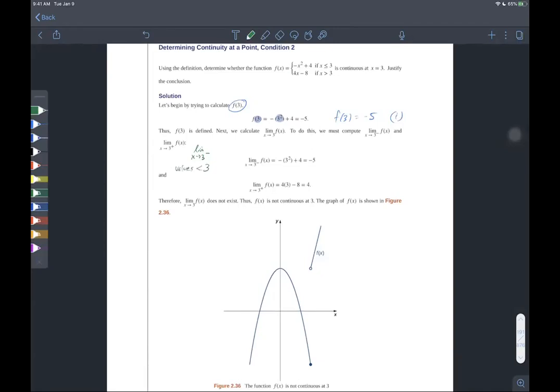Then we are using this top rule here, and we can use direct substitution. We plug in our 3, and the limit is negative 5.